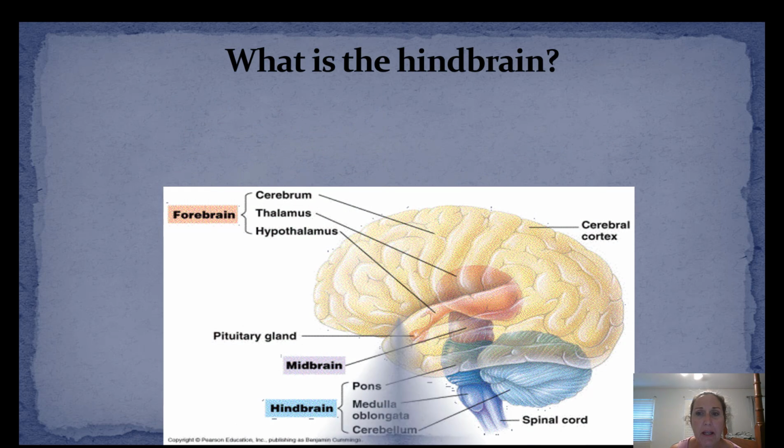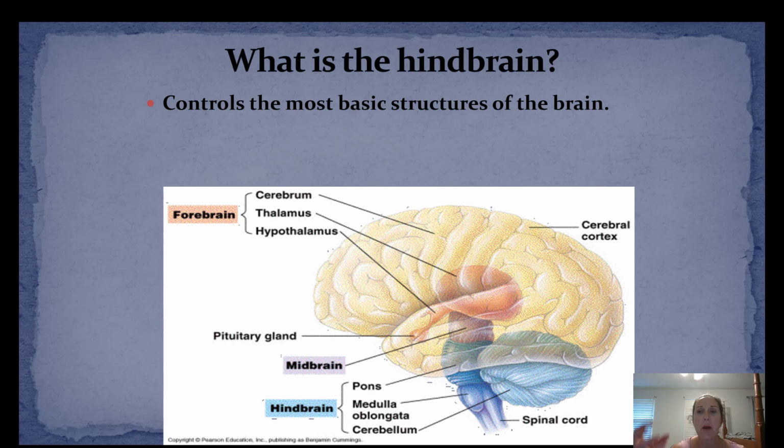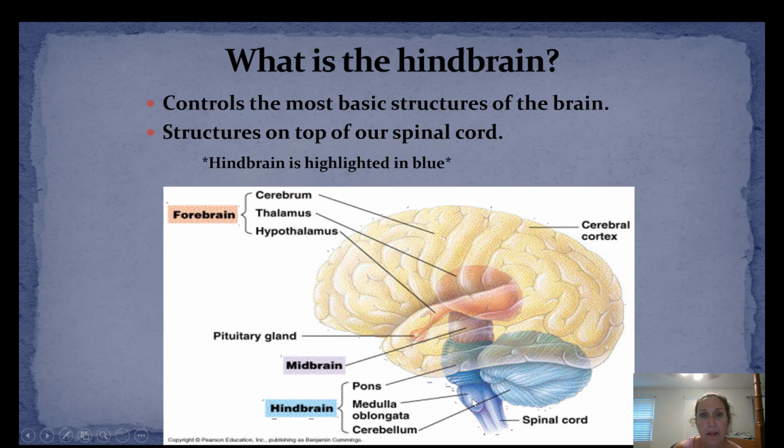The hindbrain is what I call the reptile brain. It's the very basic bottom structures of the brain. It is right at the top of our spinal cord. So you can see right here, the spinal cord comes up and these structures are going to attach to it. All right, so we have the medulla oblongata right here.